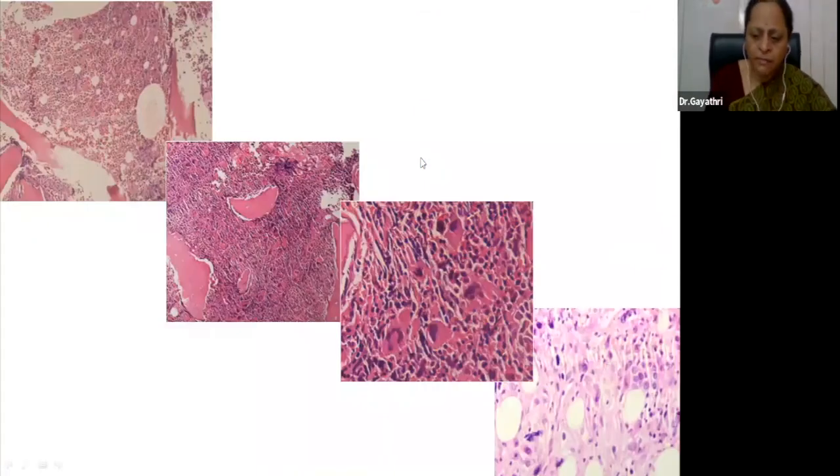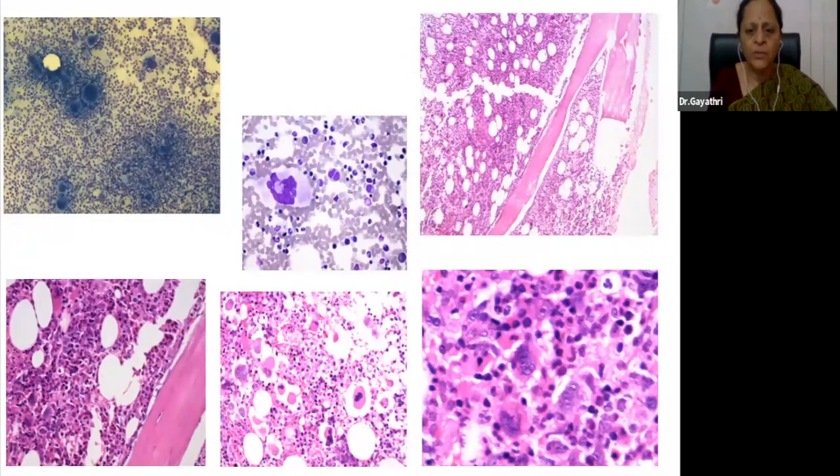And now in the trephine biopsy section, you look for the distribution of megakaryocytes in this marrow. You look for whether they are distributed uniformly, as in this case, uniformly in the interstitium, fairly evenly spaced, or whether they are crowded, like here.